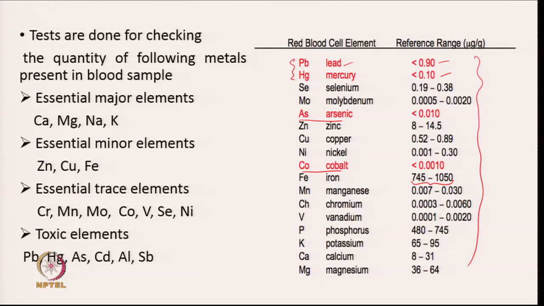the concentration range is 745 to 1050 microgram per gram. What does that mean is, you should not have iron less than 745, and you should not have iron greater than 1050 microgram per gram.